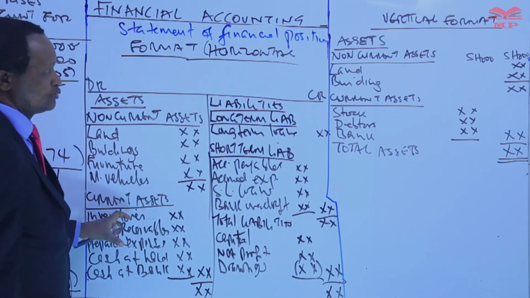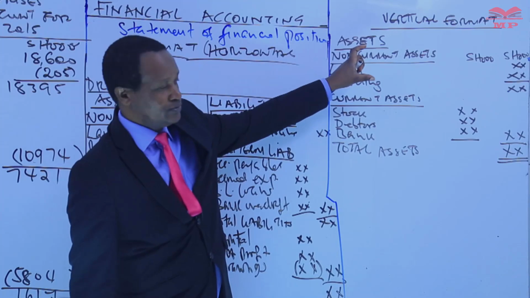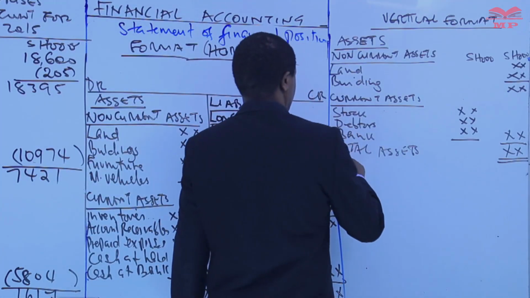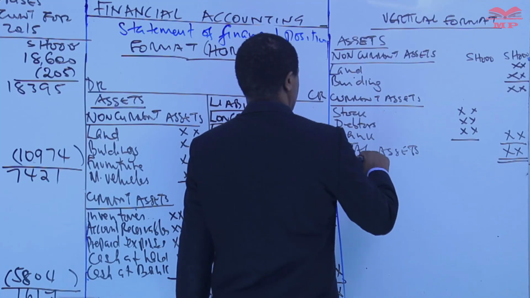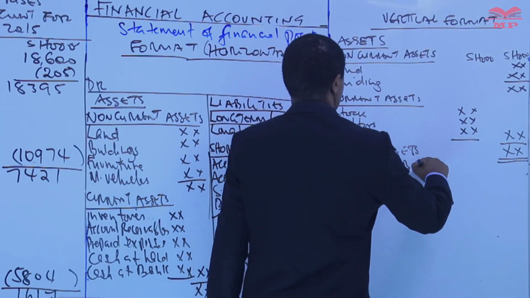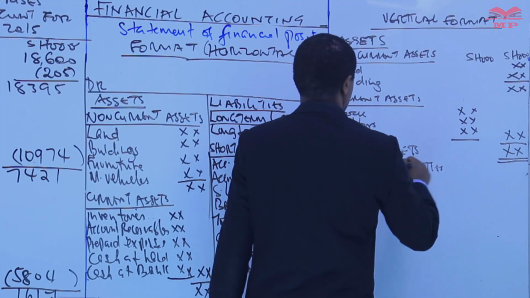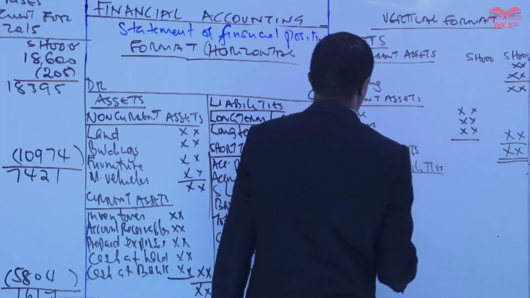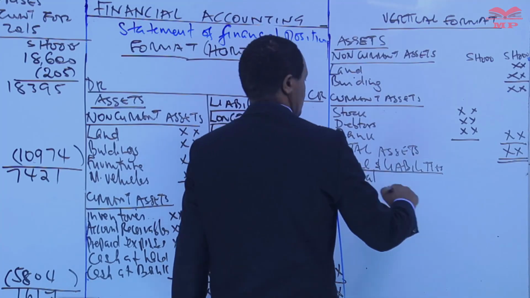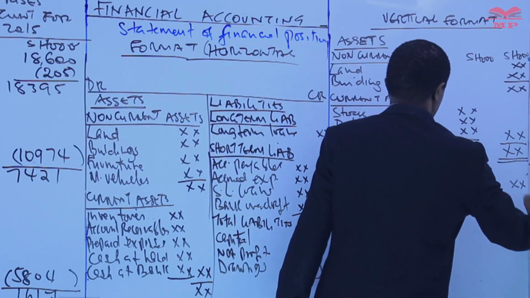So this is just presented at the top. Then below it, we have capital and liabilities. So you can begin with the capital, push it towards the end there.